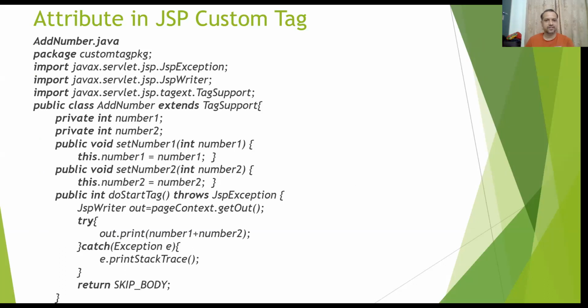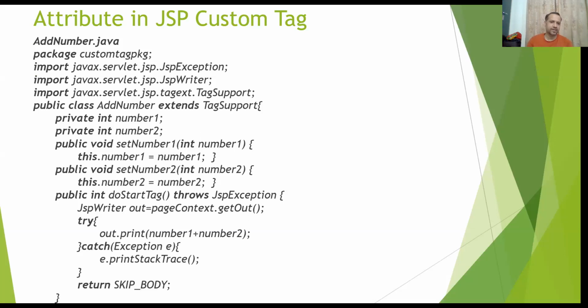Now these are the contents of my Java file. Here I have created the add number class, which extends the TagSupport class, the same as I shared in my previous video.